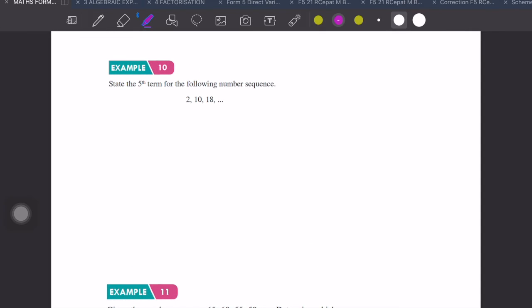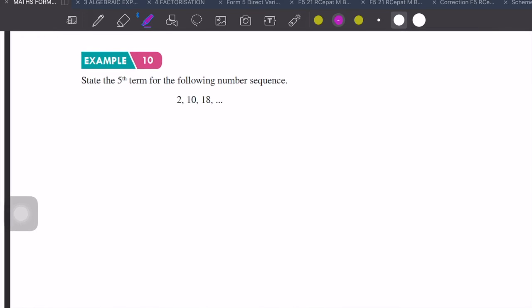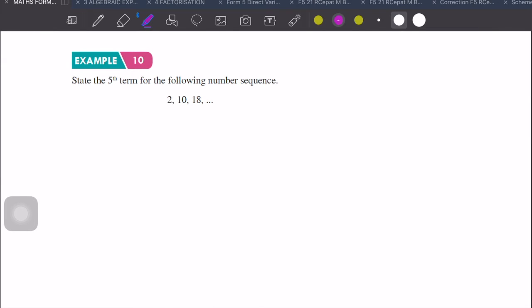We look at example 10. State the fifth term for the following number sequence. Over here you can do it manually.